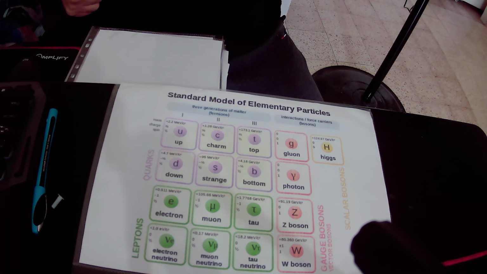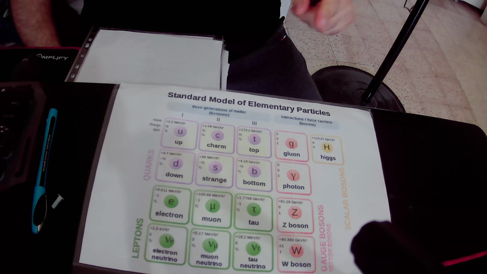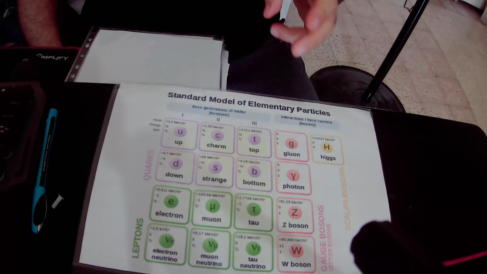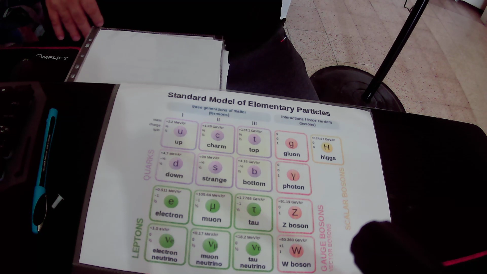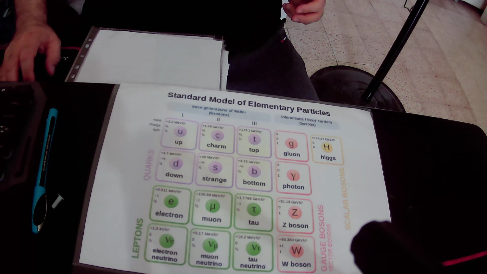Okay, and as I've already said, the boson X gives the mass to the other elementary particles, except for the gluon and the photon, which have no mass at all.